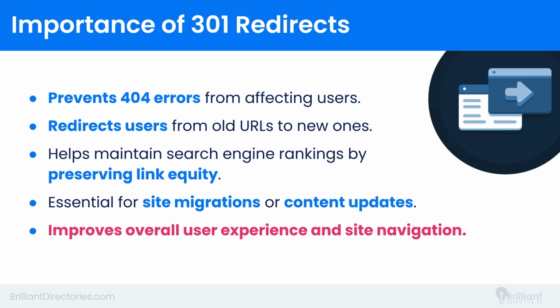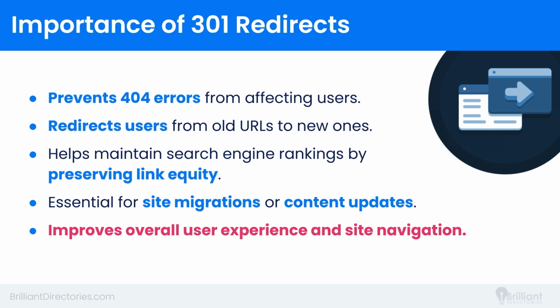So a 301 redirect basically allows you to direct one URL to another URL. So if a visitor comes to your website and they try to go to a specific URL that you no longer have, maybe you deleted the page, maybe you created a new page to replace it, but if they try to go to that old URL, your website will automatically redirect them to the new URL that you set. So that's what a 301 redirect is, and it helps prevent those 404 errors from occurring.